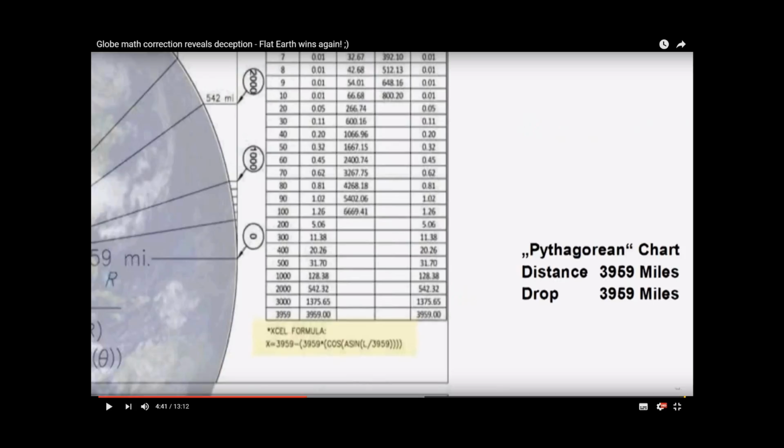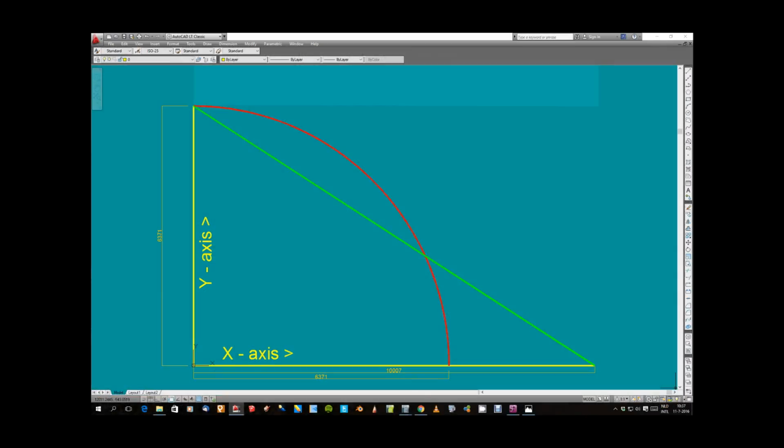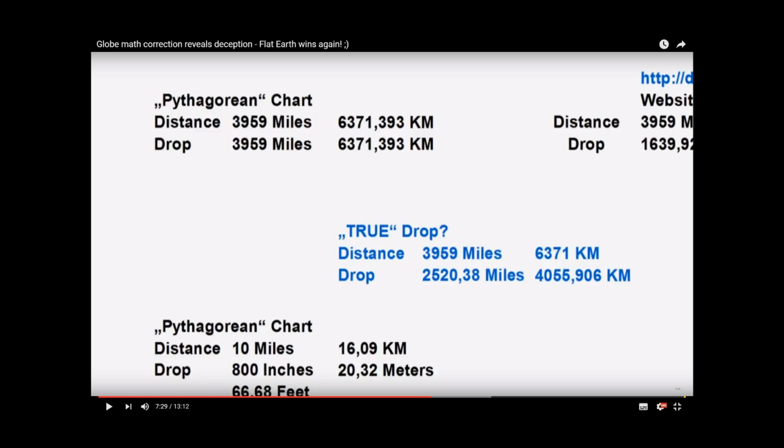His formula says that you reach this drop only after 10,000 kilometers, showing his utter stupidity and his inability to think along coherent lines and connecting what he sees with what he says. He even has the audacity to state that something must be wrong with AutoCAD, a drawing program he has never heard of and didn't even take the trouble of googling. No need to state the number of his subscribers, but, well, why not? 11,000.